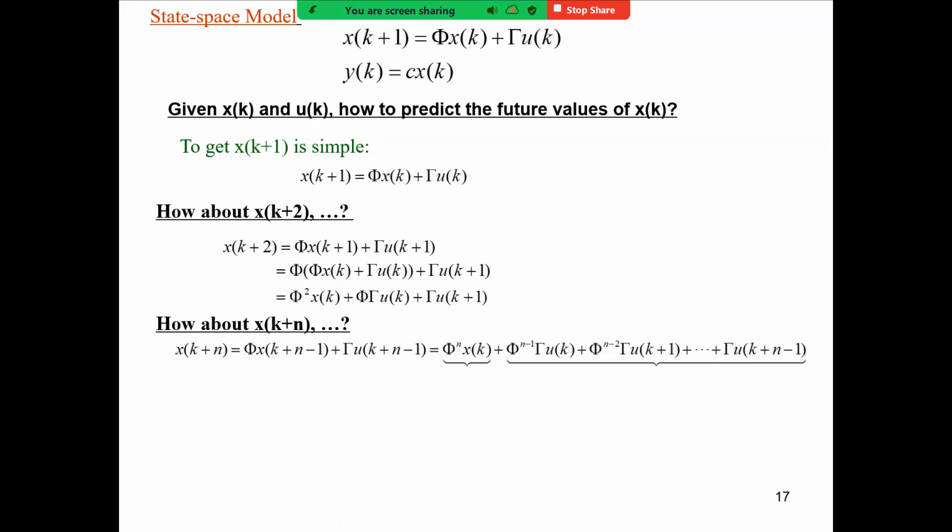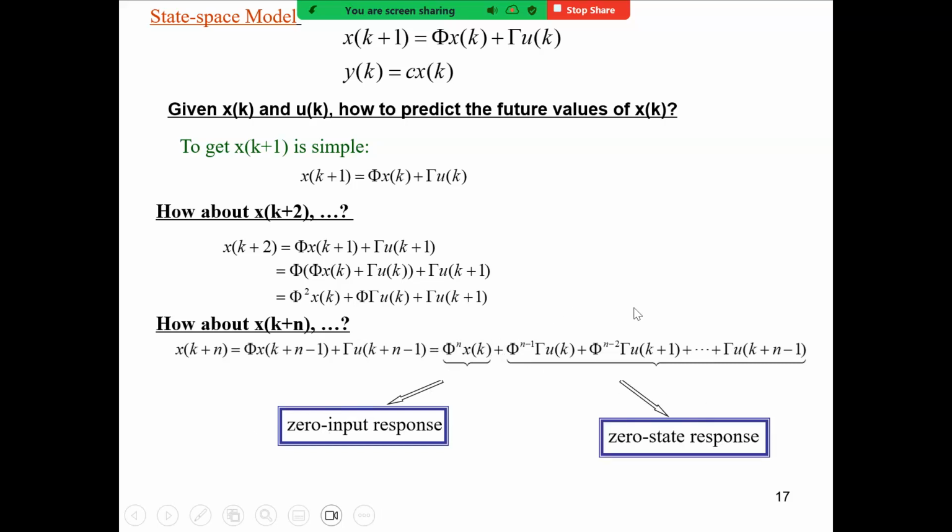All the inputs from u_k to u_{k+n-1} will play their role there. From this expression we know that the state of the system depends on this term caused by the initial state, which we call the zero input response, and this term, which describes the state when the initial state is 0, the zero state response.